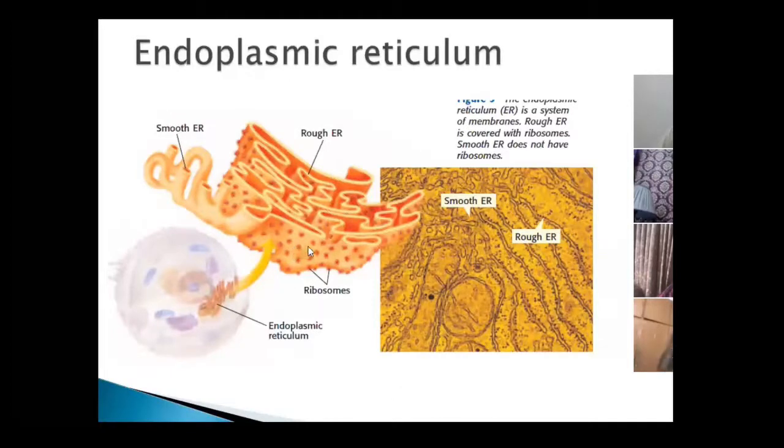So actually protein is synthesized by the ribosomes present on the endoplasmic reticulum. And after that, it will be delivered into these chambers. It is delivered into these sacs. It is delivered into these channels from where it can be transported to the other places where the proteins are required.